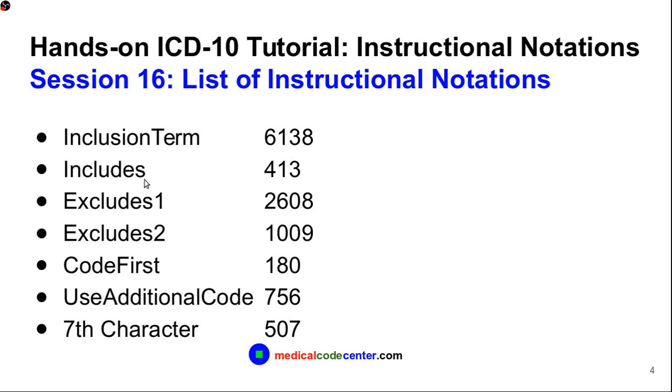Then for includes, we have 400 of them, and then excludes 1, excludes 2, and then code first. And we also have use additional code, there's 756 of them. And then finally, the 7th character, we have only 507 of them.